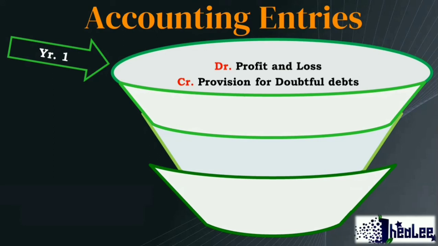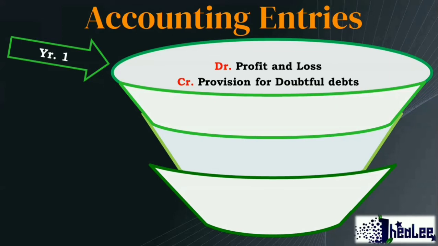So whatever you have calculated based on the percentage given that the business is using to arrive at the amount of debtors that may not be able to pay their outstanding balance, all of that you have calculated will be recorded in the accounting record. So all of that should be shown in your profit and loss account as an expense for provision for doubtful debts.